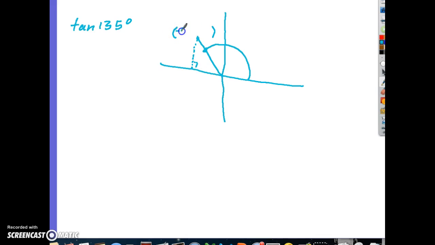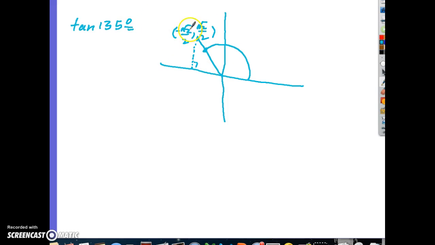So this is going to be a negative root 2 over 2. And the y coordinate, being above the x-axis, is going to be root 2 over 2. So again, 45, 135, 225, 315 all have to do with root 2 over 2 or negative root 2 over 2.